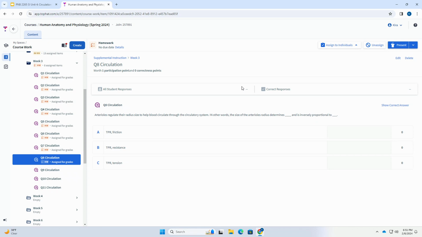Arterioles regulate the radius size to help blood circulate through the circulatory system. In other words, the size of the arteriole's radius determines, and it's inversely proportional to... So I didn't really go over the physics part, but it's in the notes.